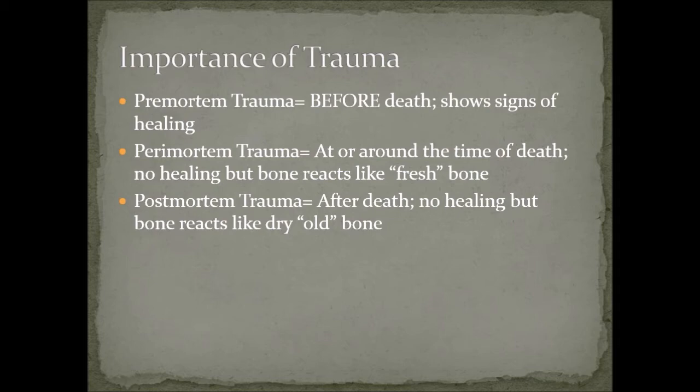And finally, post-mortem trauma. That is trauma that happens to the bone after death, like being stepped on by a horse if the skull is slowly exposed and it's on a trail and a horse steps on it and the skull crunches. Can we tell the difference between that and the other two types of trauma? The answer is yes. The main reason is it reacts like a dry bone.